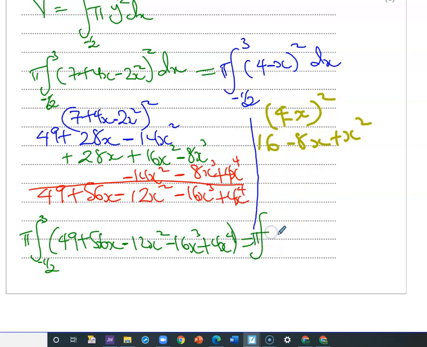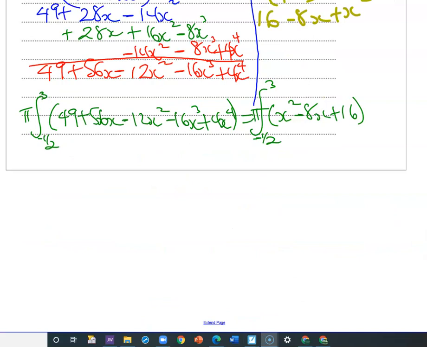Don't forget your pi, and in our bracket we have x squared minus 8x add 16, with the same limits of integration. And don't forget your dx's.